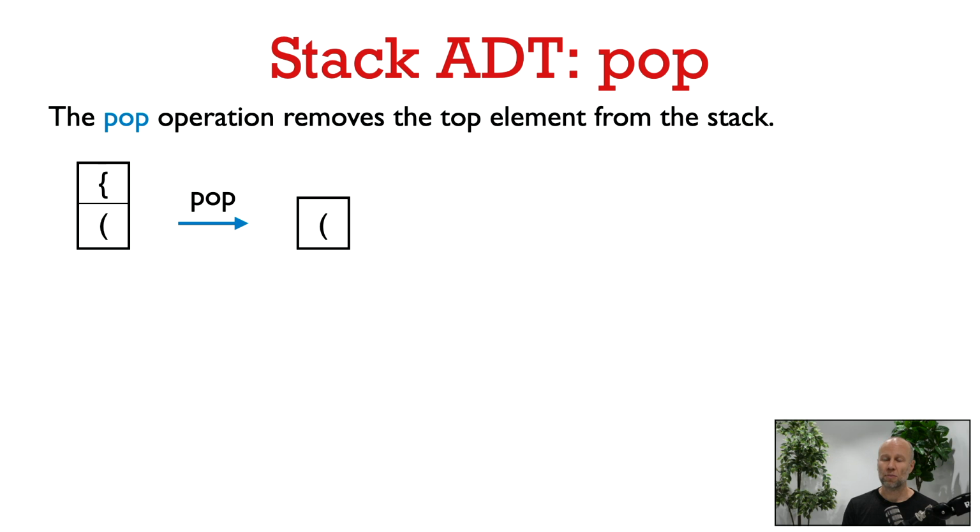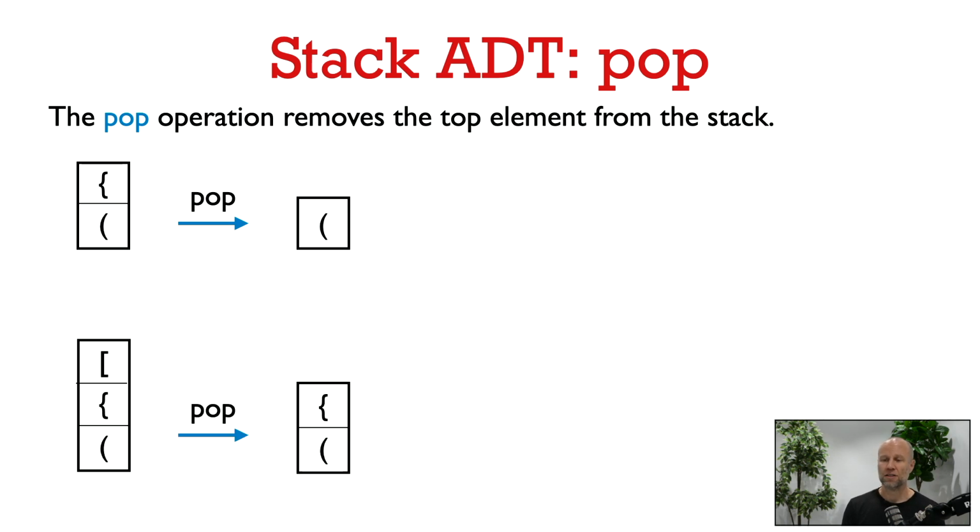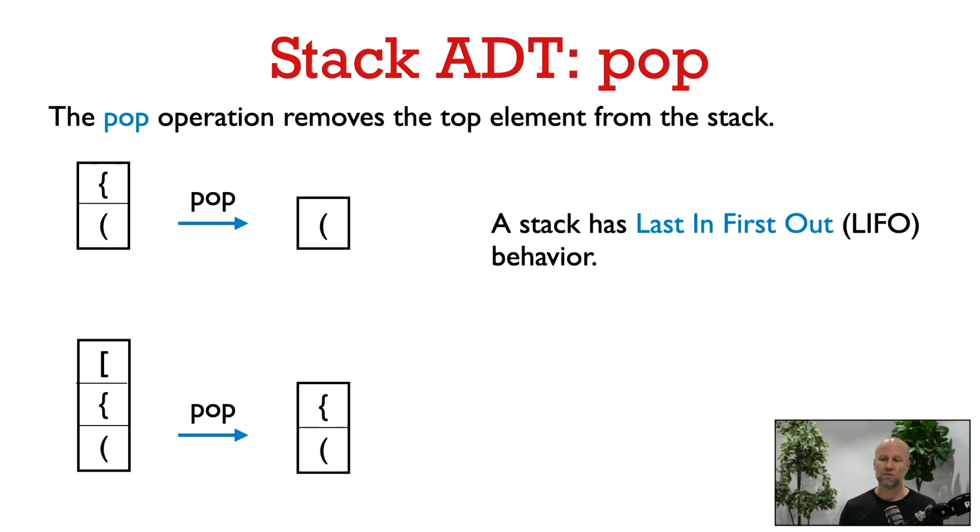So if we call pop on this example, that would remove the curly brace at the top of the stack on the left. And on this example, pop removes the opening bracket on the stack on the left. So in general, a stack has last in, first out behavior. When we call pop, it's going to remove the most recently added element to the stack.